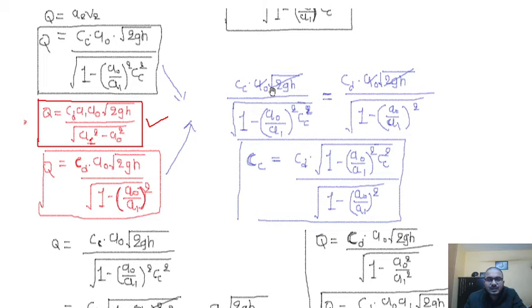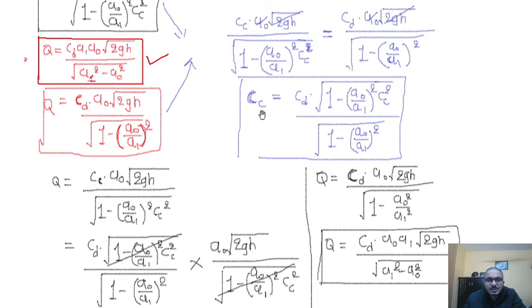Once we equate them, a few terms get cancelled, A0 and square root of 2gh. So we have obtained the value of Cc here, that is Cc is equal to Cd square root of 1 minus A0 upon A1 whole square, divided by square root of 1 minus A0 upon A1 whole square.